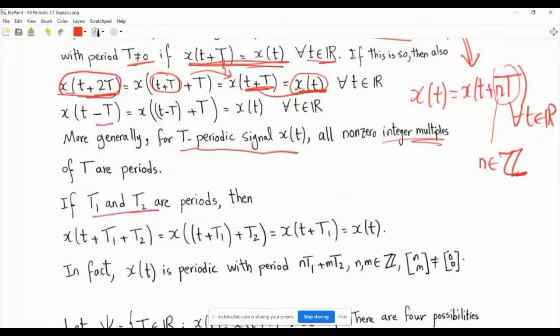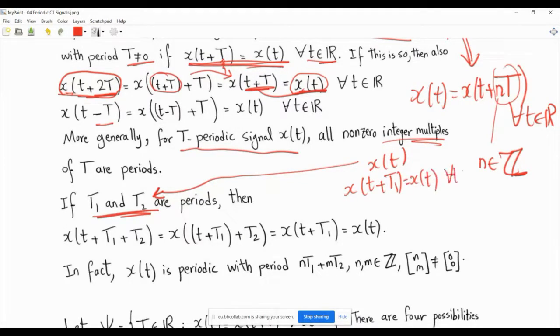We can actually say more, and this is also an important observation. What if you have a signal x of t, and it has big T1 and T2 as periods? So someone told you that x of t plus T1 is equal to x of t for every t in R. Moreover, x of small t plus big T2 is equal to x of t for every t in R. So our first statement tells you that T1 is a period.